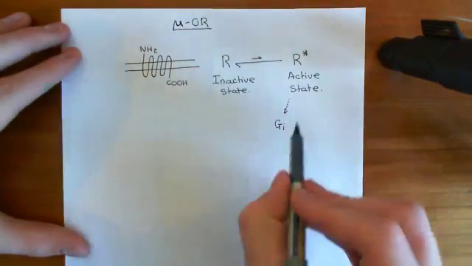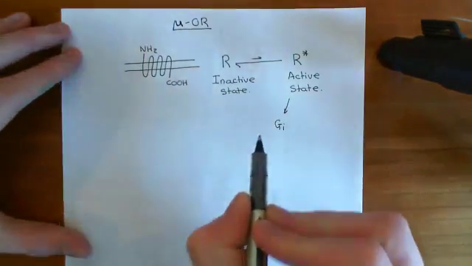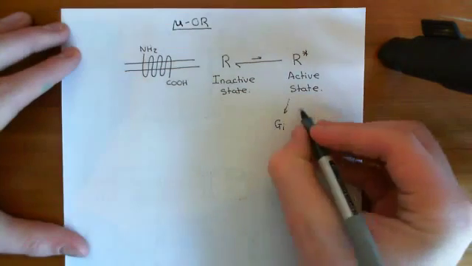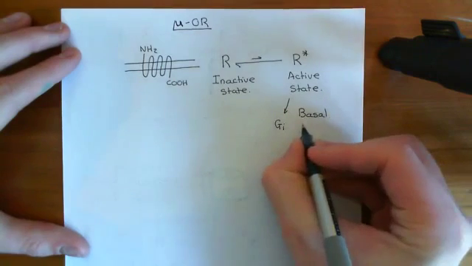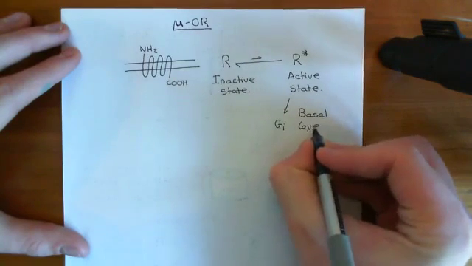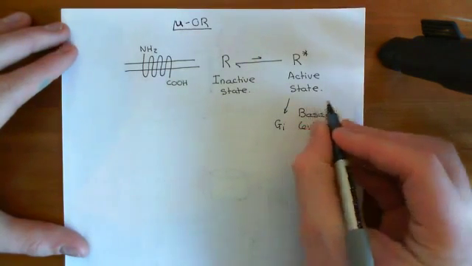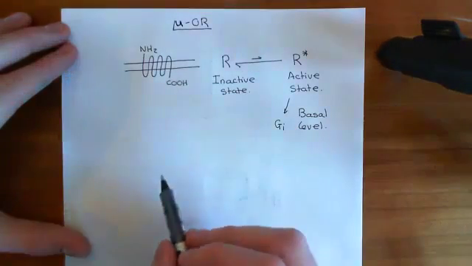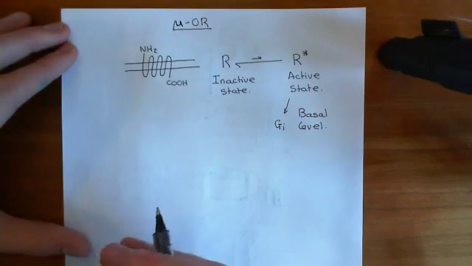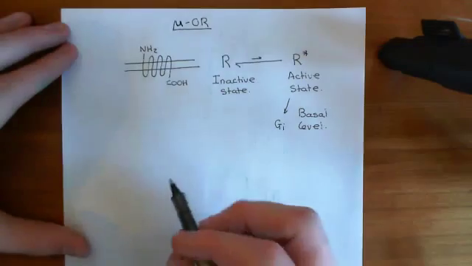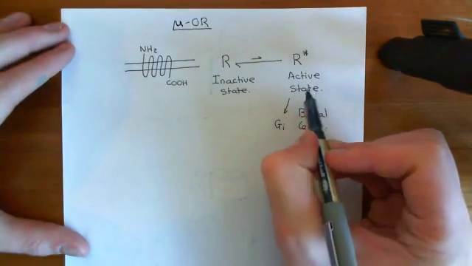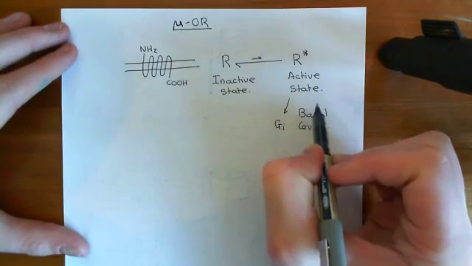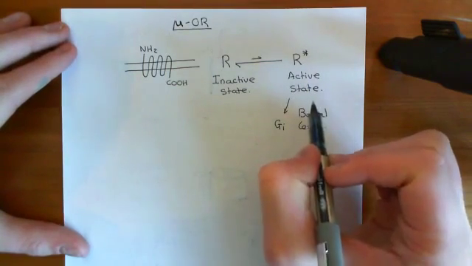So there is going to be a basal level of activation of the downstream signaling pathway. So you're always getting some of the Gi pathway activated, and this is because some of these receptors will be in the active state even before the ligand has bound. So what does the ligand then do?